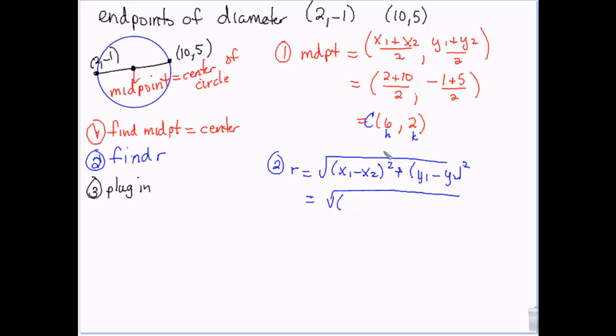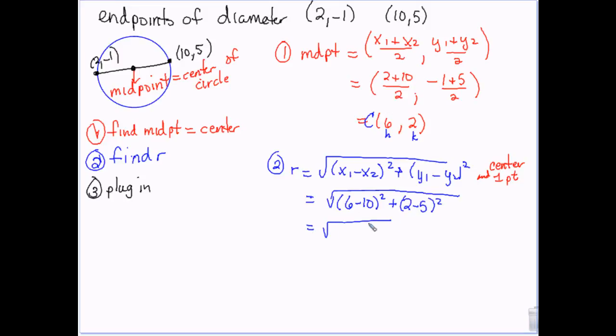Here I'm going to use the center because I'm trying to find the radius. So I need to use the center and 1 point. It doesn't matter. I can use this point or this point. Which point would you like to use? 10, 5. Okay, we're going to use 10, 5. So I'm going to say 6 minus 10 and 2 minus 5.